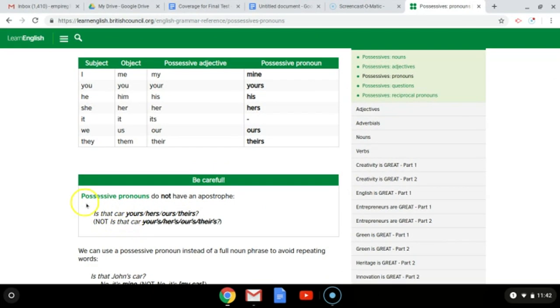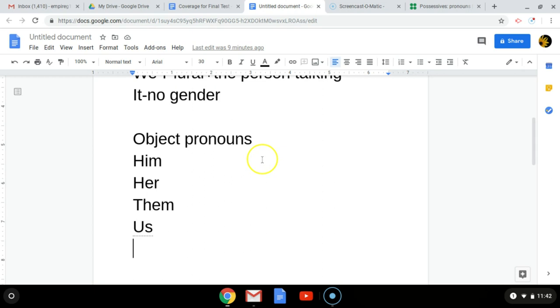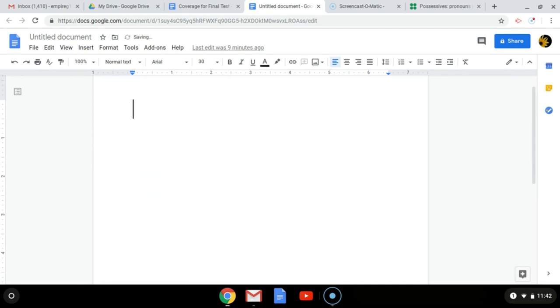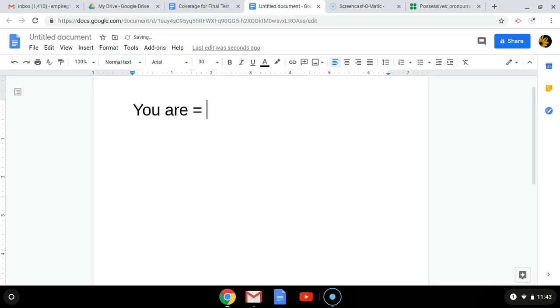Possessive pronouns do not have an apostrophe. Some of you might be confused between yours and you're. Sometimes I see people putting apostrophes. Remember, we only put an apostrophe if we combine two words. For example, you are becomes you're.